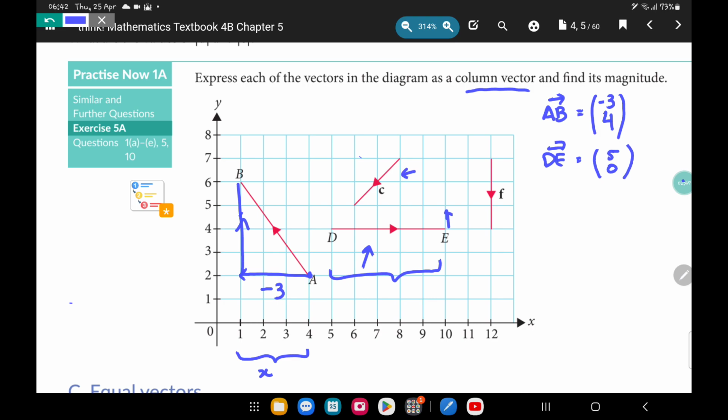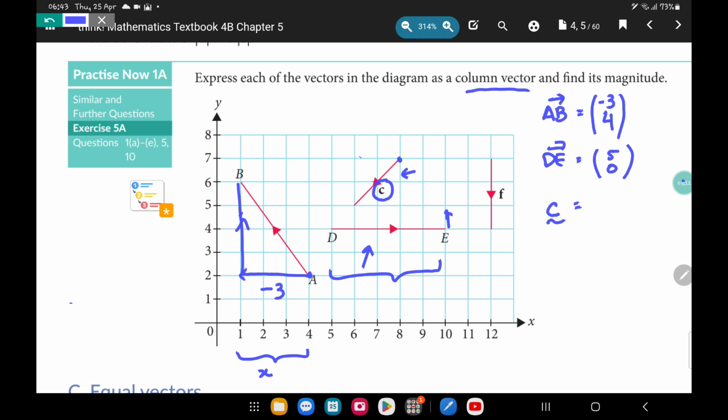The third vector over here, the question did not give the start and end point. However, they label it as column vector C. So I will state C. Now, I can't just put a variable like that. It looks like any constant, right? Put a squiggly line below to tell the marker this is a vector.